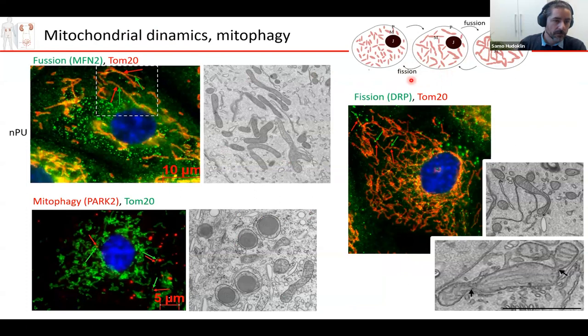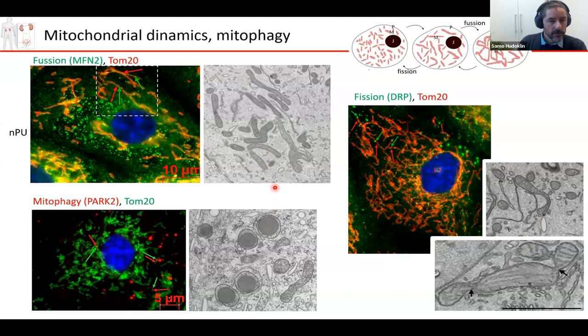So we have constant fissions and fusions of mitochondria, and we can see a little bit of this in the static images. But of course, if you want to analyze more, we have to go to volume EM.